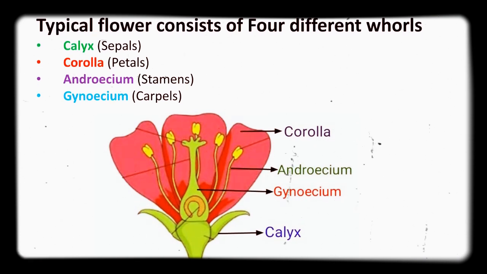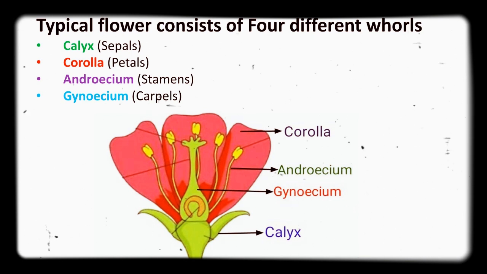A typical flower consists of four parts, called whorls. These are the four different whorls: number 1 calyx, number 2 corolla, number 3 androecium, number 4 gynoecium. Out of these four whorls, the first two, calyx and corolla, are known as non-essential floral whorls, while the third and fourth, androecium and gynoecium, are known as essential whorls or reproductive whorls.